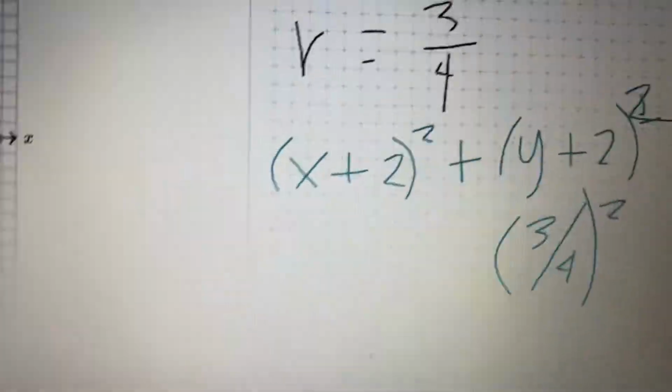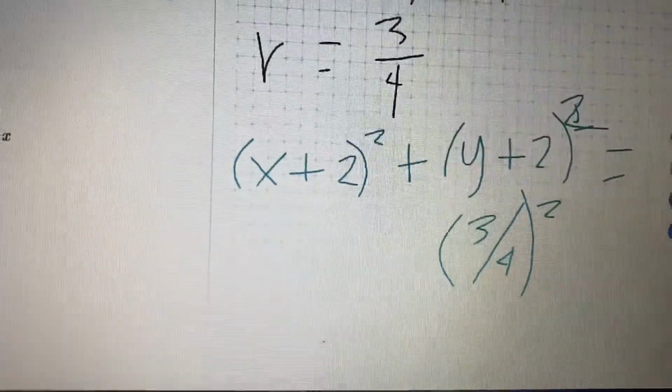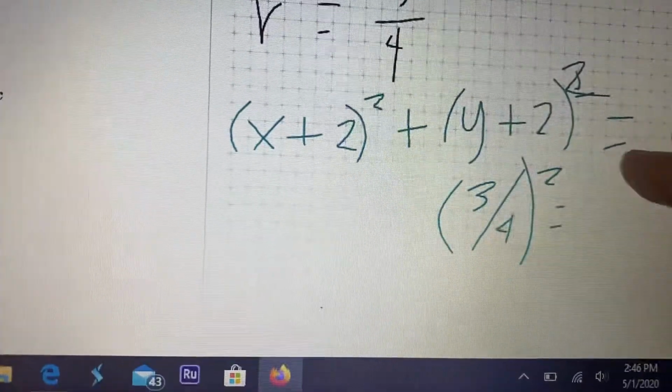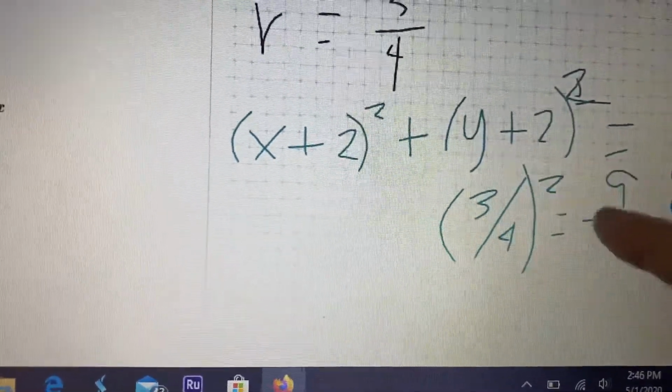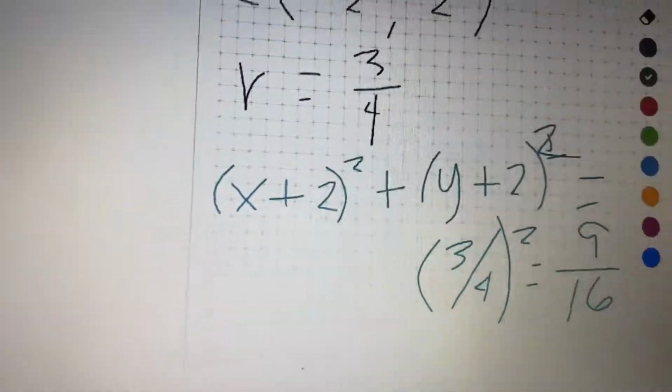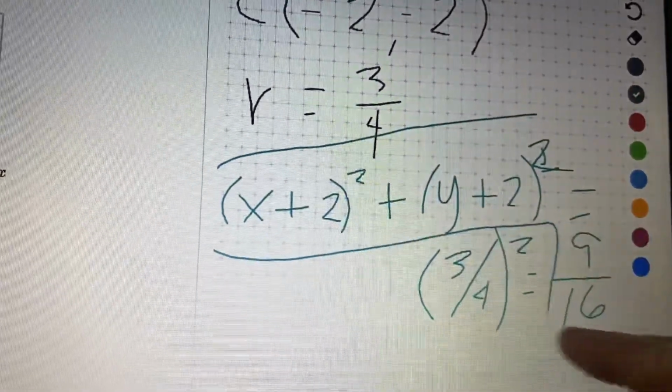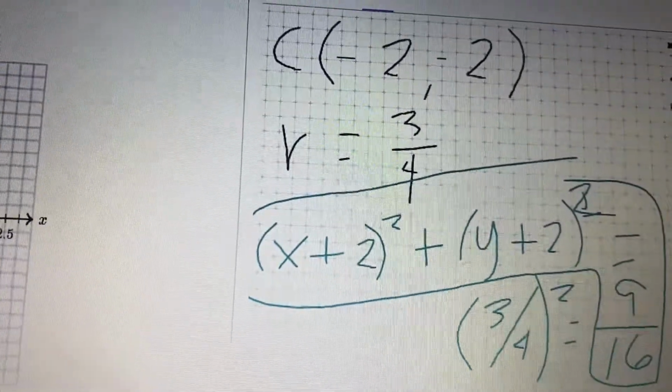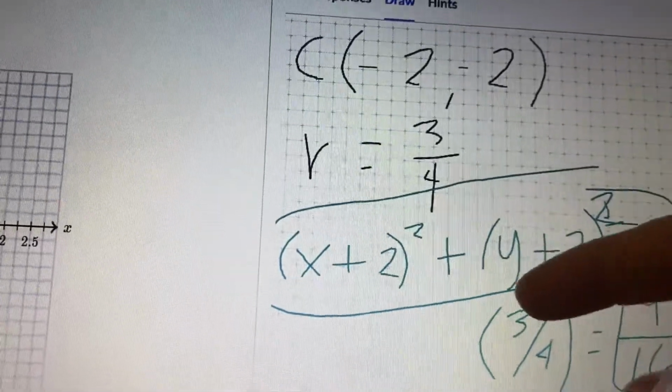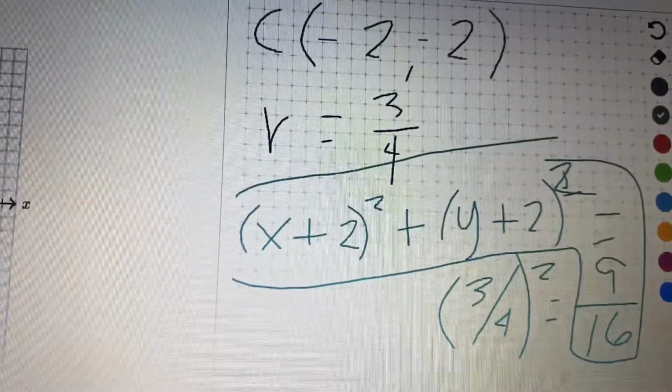What that equals, you can type in your calculator and get a decimal, but it's really easy to just square the two pieces. 3 squared is 9 over 16. So your answer would be this. To get the y on your phone, if you're using the app, you just hold down the X and it will change to a y option.